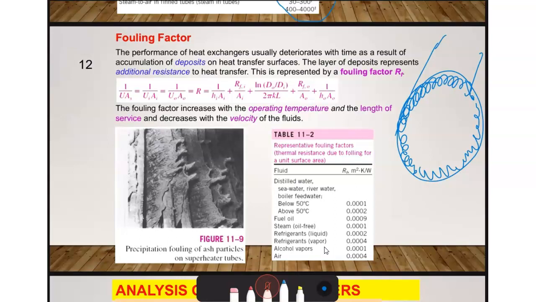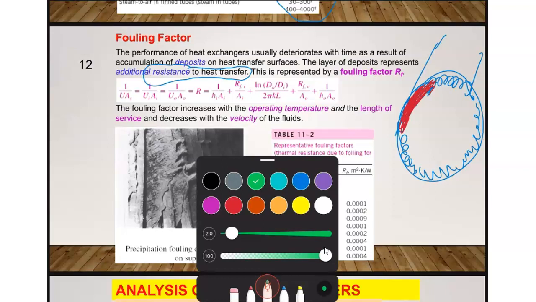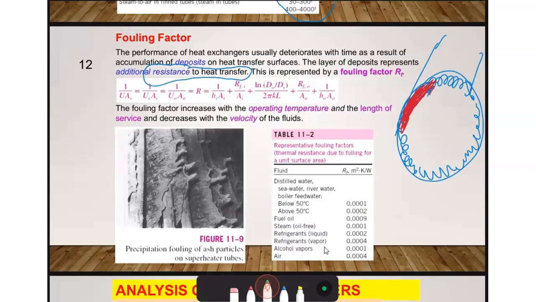So this one is fouling. The fouling factor will add additional resistance to the heat transfer. Because of what? Because, for example, if there is too much fouling, this will create insulation. So it's hard for the heat to move from inside to outside or the other way.